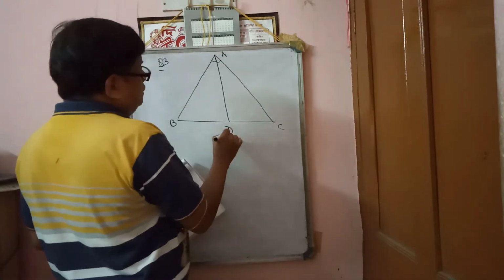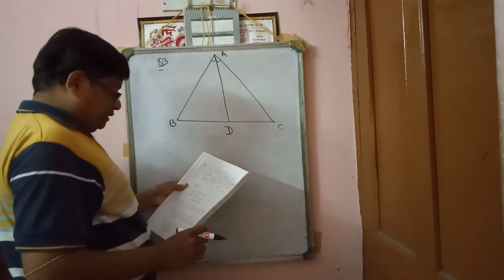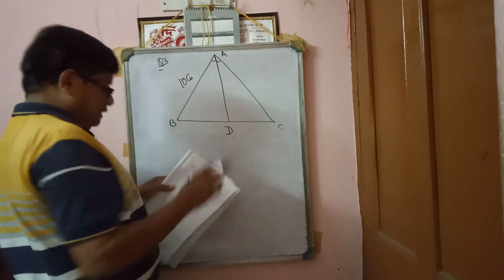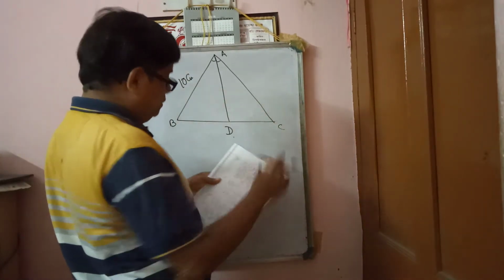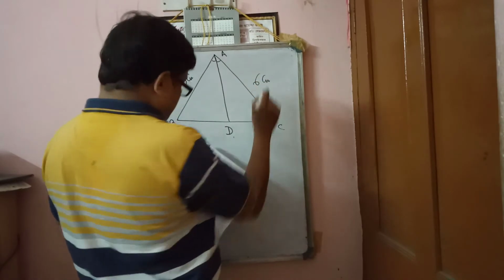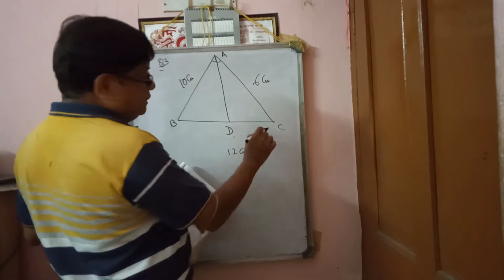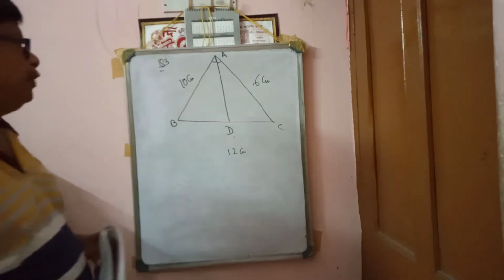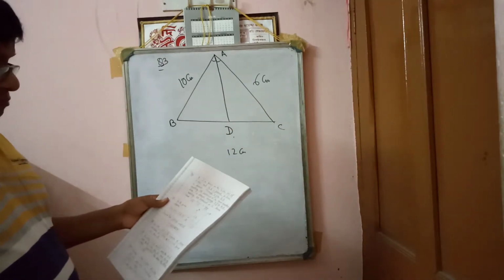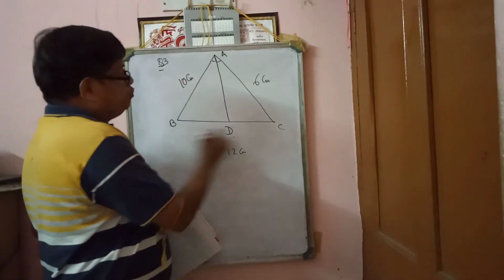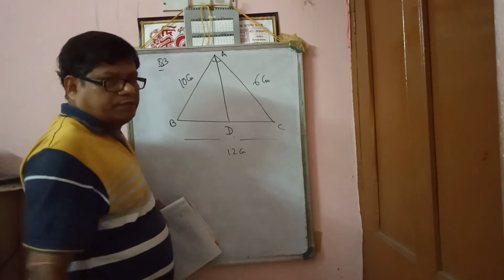Given AB is 10 centimeter, AC is 6 centimeter, BC is 12 centimeter. The whole part is given. Find BD and DC. Suppose the whole BC is 12 centimeters, which is given.